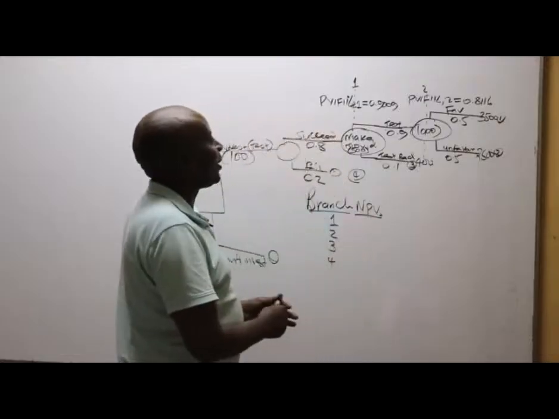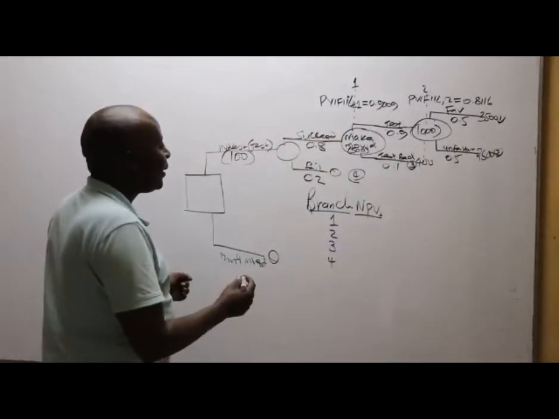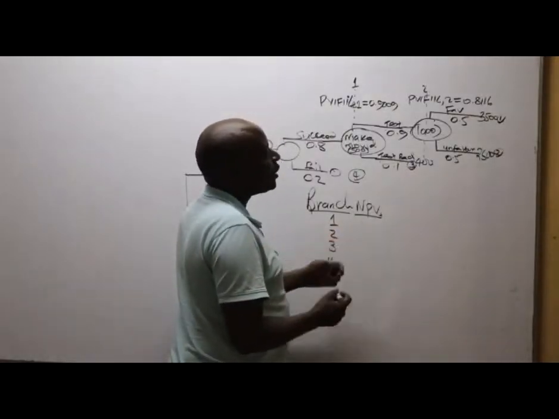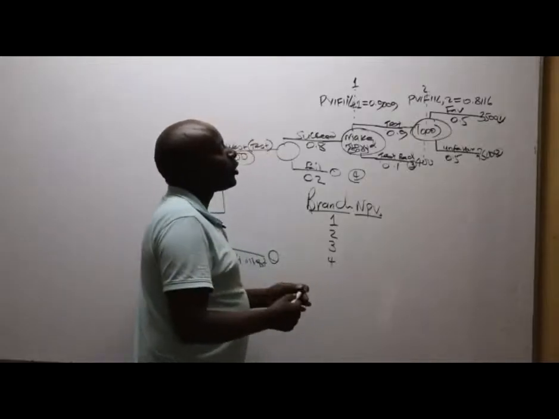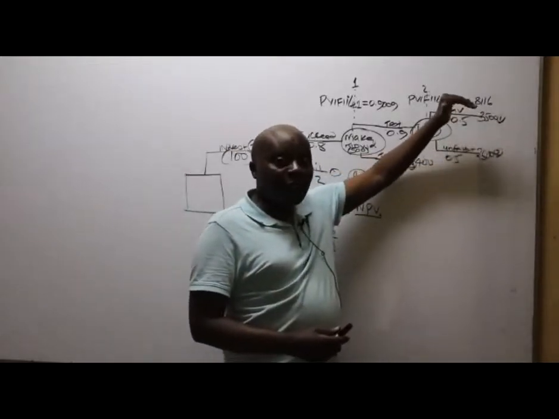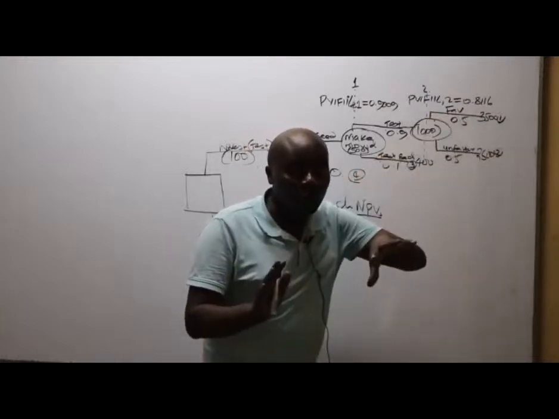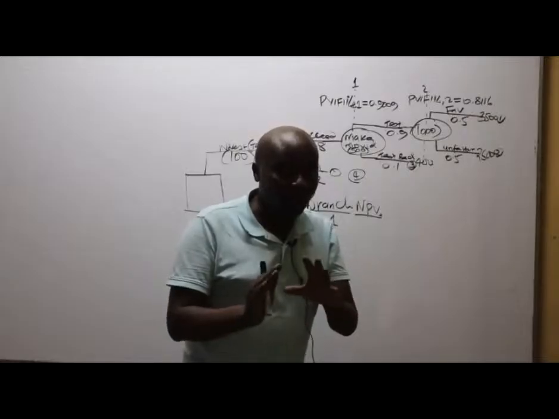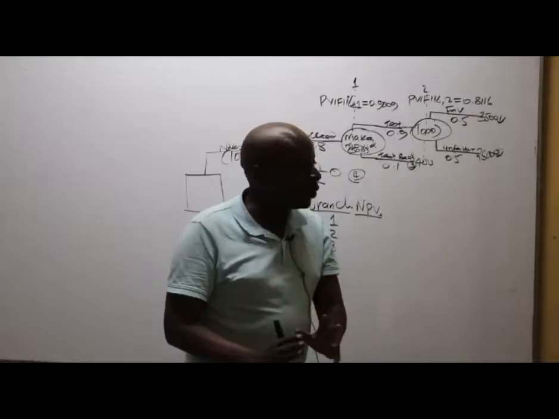Great. Now, once we reach there, let's compute the branches and PVs. We start with branch number 1. For branch number 1, you follow these as if you are on the road with a Subaru. Subaru drivers are so good, fast and very accurate.